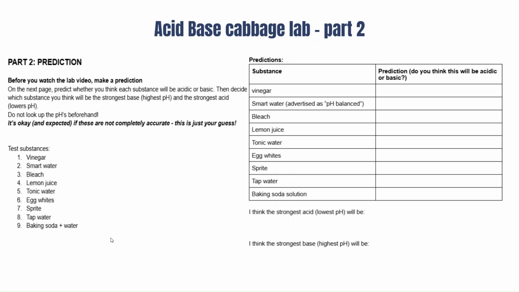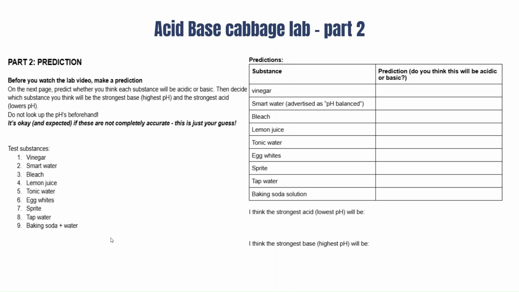Part 2, you're making a prediction. So I tell you what substances we're working with, and I want you to just make a prediction based on their properties. Do you think that these will be acidic or basic? Please, what I don't want you to do is go in and look up the pHs. You'll spoil all of the fun if you do that. Your predictions don't have to be correct.